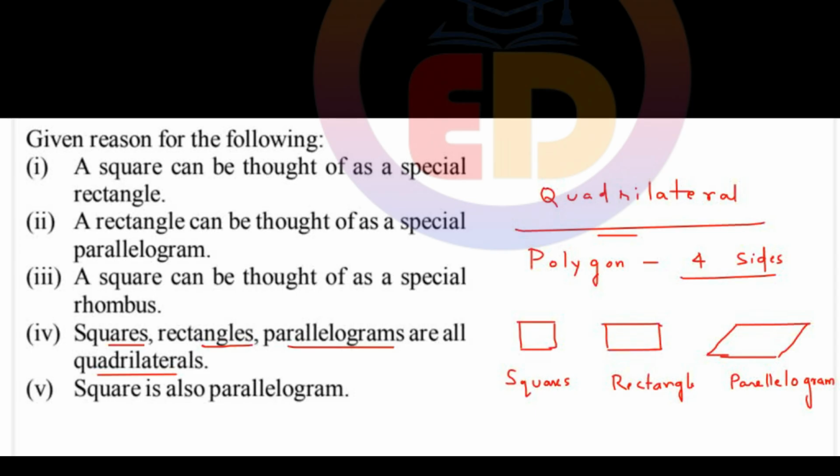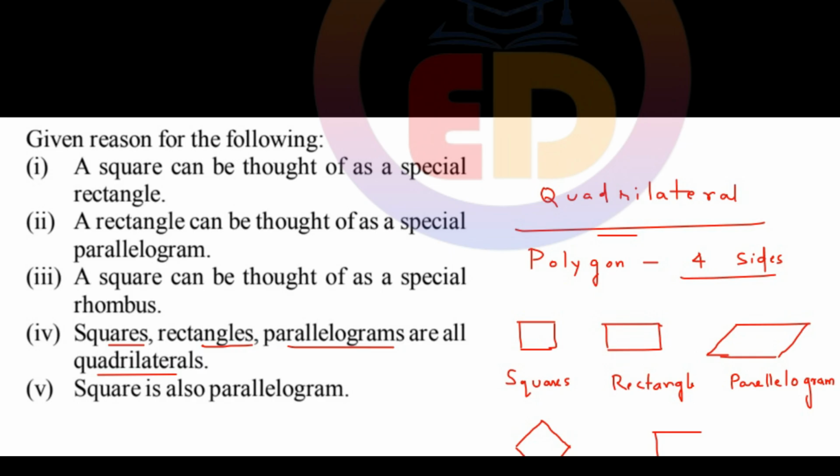Apart from these, a rhombus will also be in the category of quadrilateral.